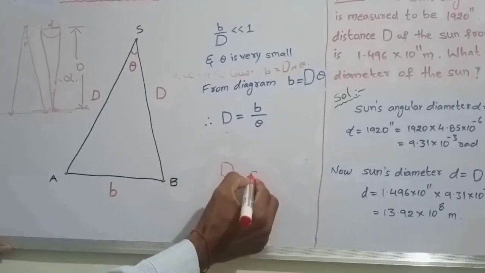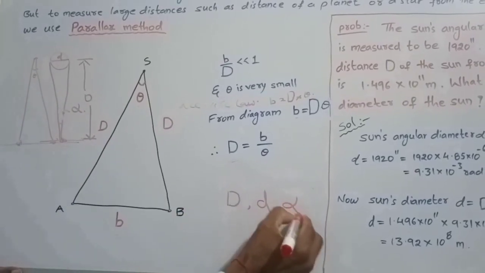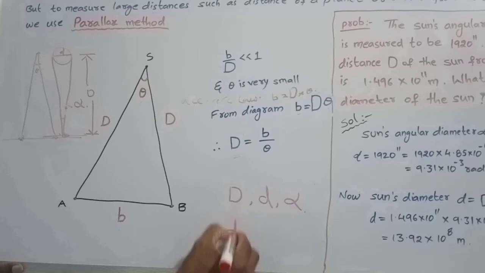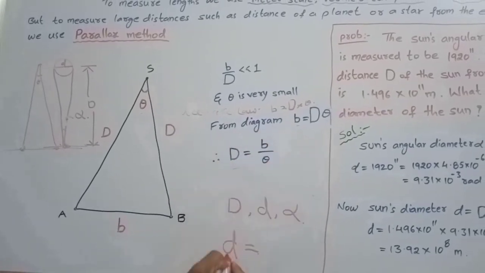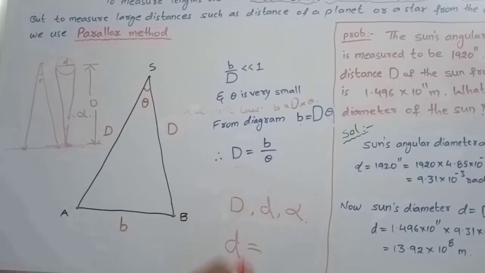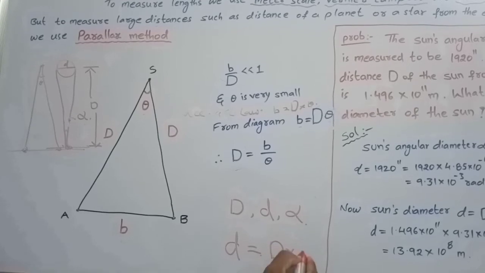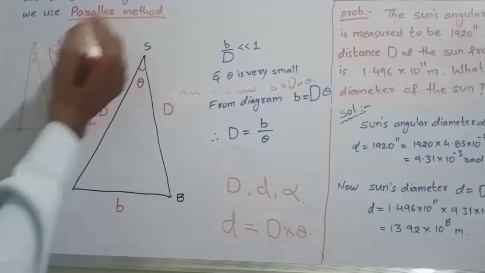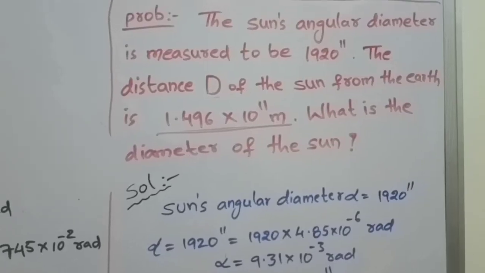If the diameter is d and the angular diameter is alpha, then in place of b we substitute d, and in place of theta we substitute alpha. So d is equal to D into alpha. By using this parallax method, we find distances and diameters.